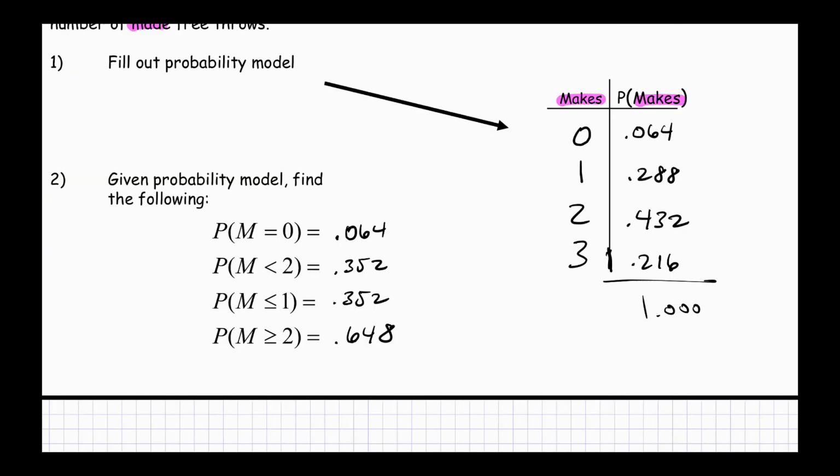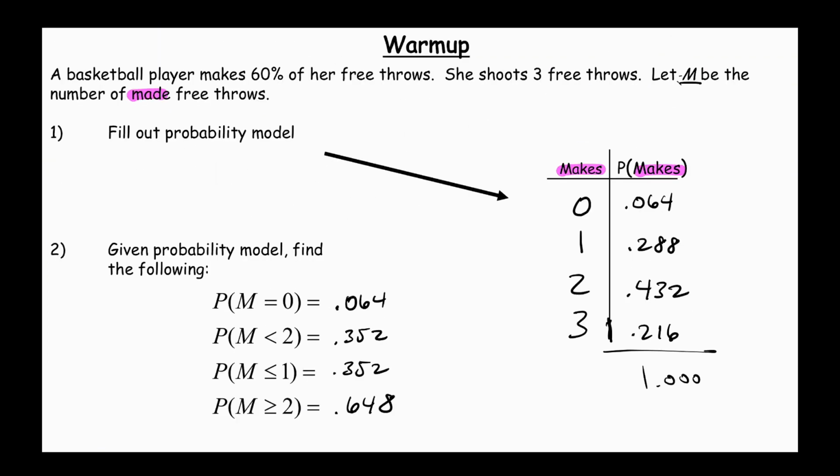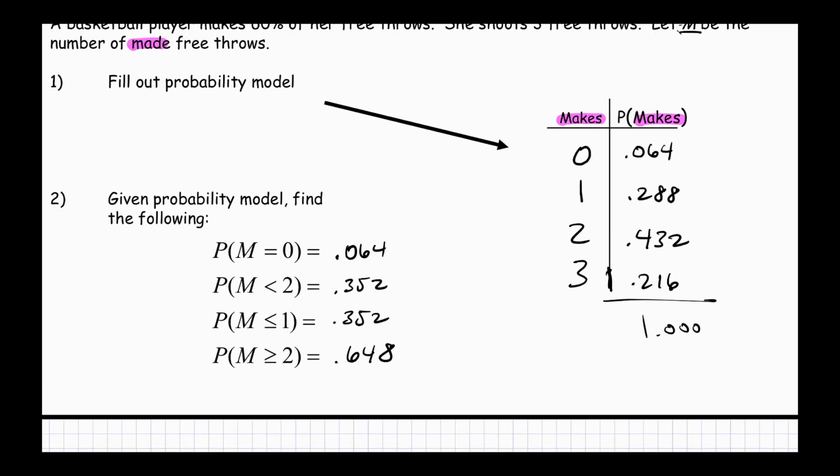Well, how many paths were there to make this? How many ways is it to make this guy here? How many paths were there to make that? There were 3 paths, right? How many paths were there to make this guy here?